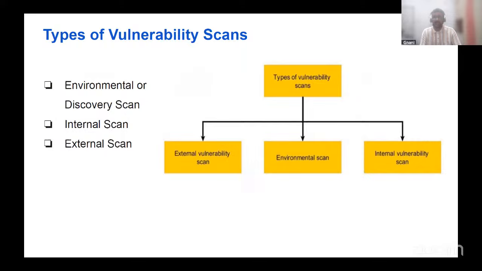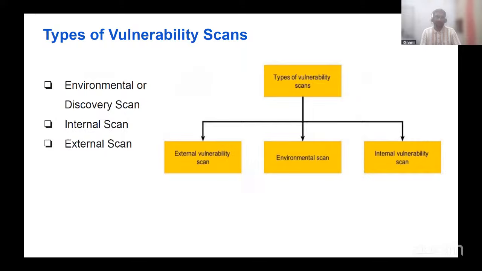And the internal scan, this is something where I want to scan all my internal assets. If you consider the LAN or WAN criteria, I'll keep my vulnerability scanner in my LAN network. I'll scan all my user systems and servers. Of course it will give me similar results, but I'm doing this from the internal network.